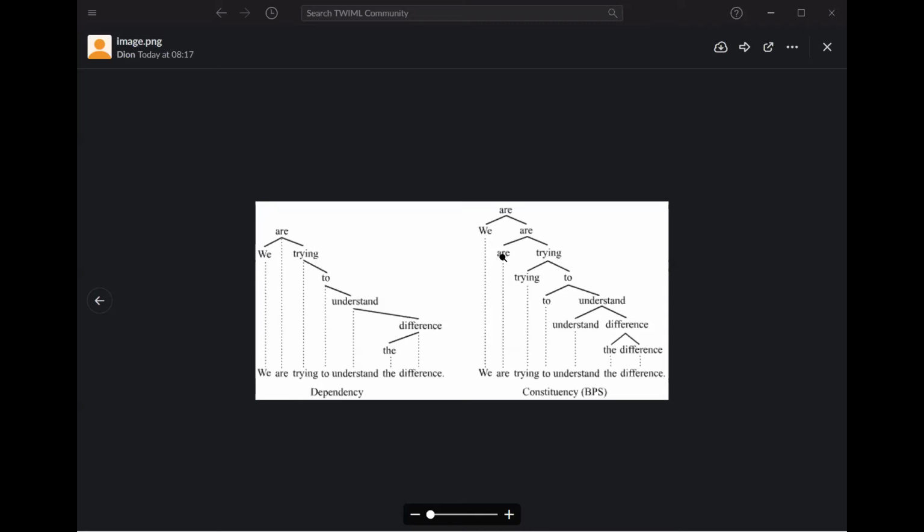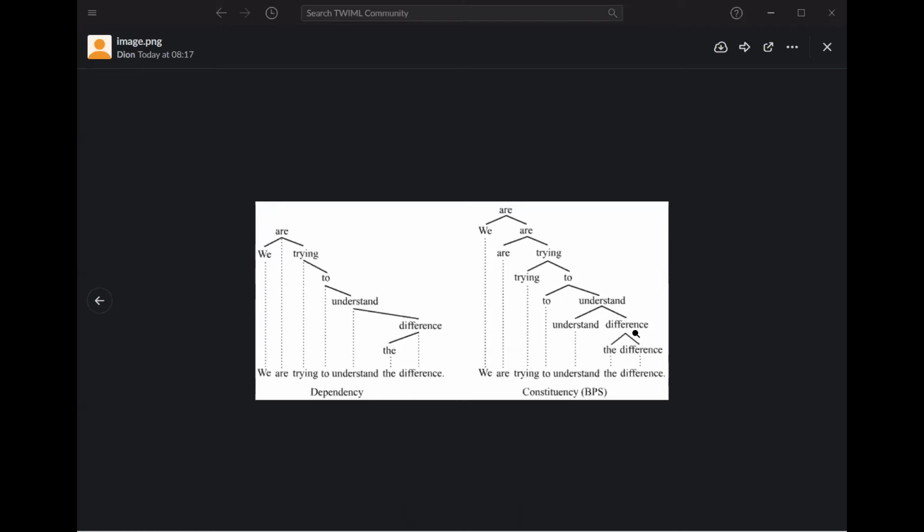The "are" appears twice, "trying" appears twice, and "to" appears twice, and that means in that phrase, the thing that appears twice is the head, the core of the sentence. That means they are restricting or governing that phrase.